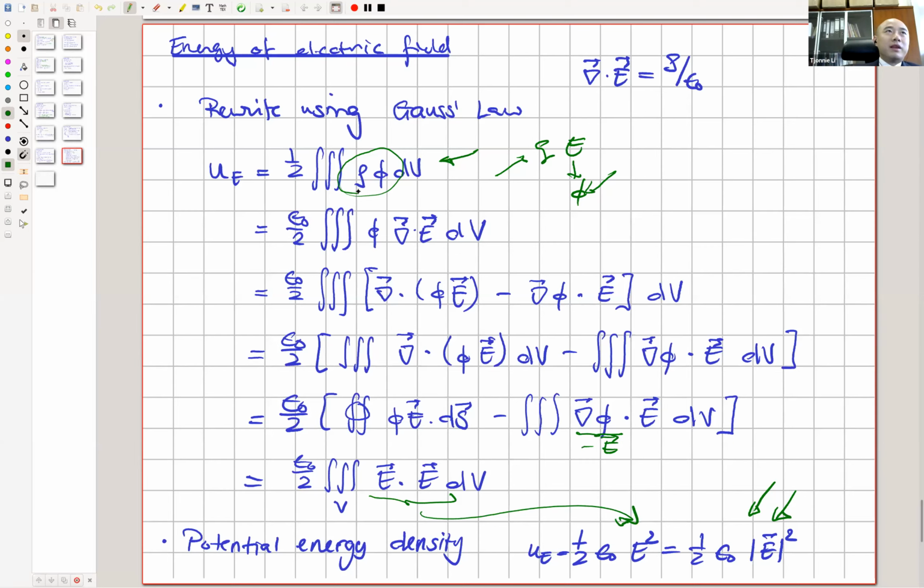But the problem here is the following: if I take both rho and phi to be in their final form, then I will have done what we call double counting. I have counted the contribution of both rho and phi. But I can't do that, right?